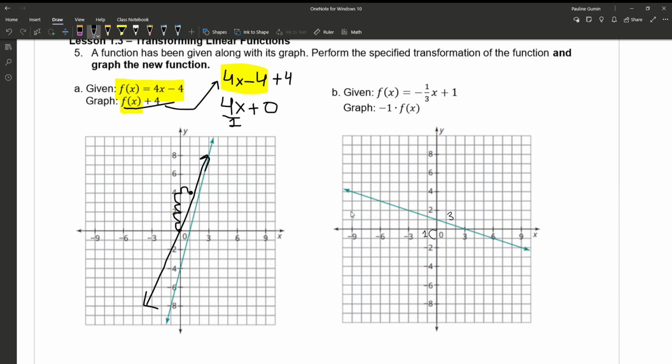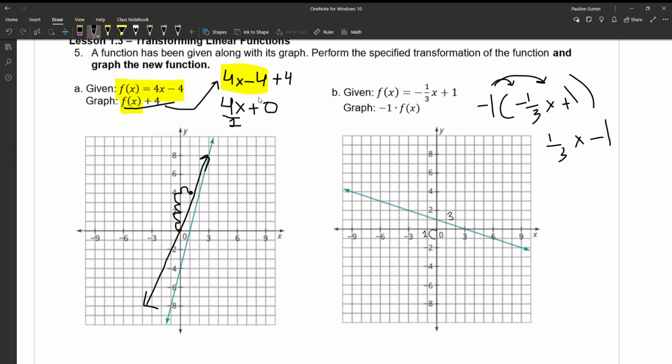Next, I have letter B, where we multiply negative 1 times our function. We're going to go ahead and distribute that negative 1. Negative 1 times negative 1/3 x is positive 1/3 x, and negative 1 times 1 is negative 1.